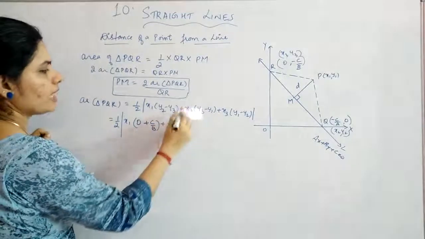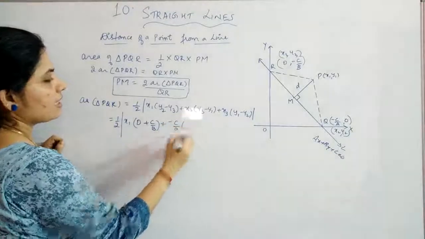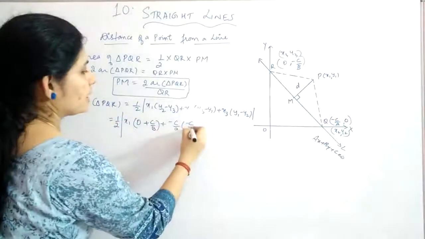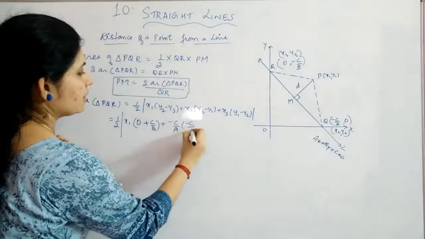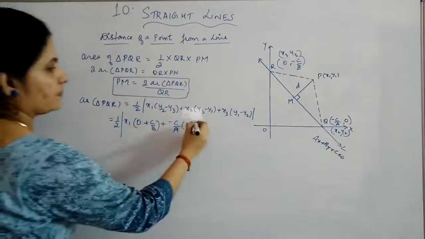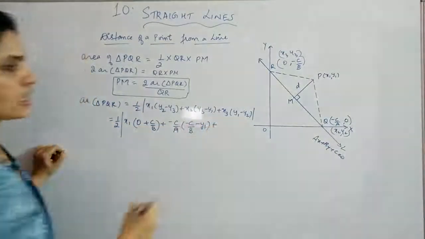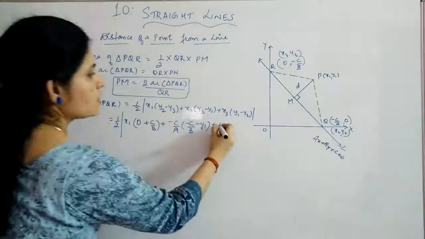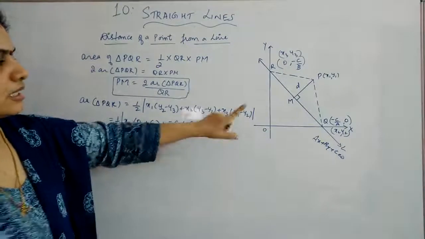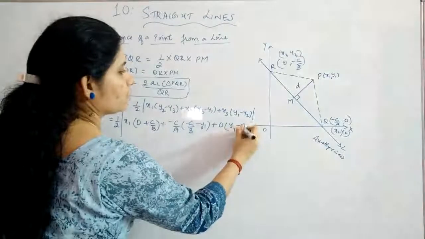Plus again x2, which is minus c by a, into (y3 minus y1), where y3 is minus c by b. Plus x3, which is 0. 0 into anything gives that term as 0. Anyway, we are replacing: y1 minus y2 is y1.